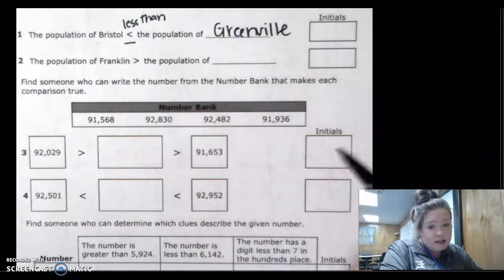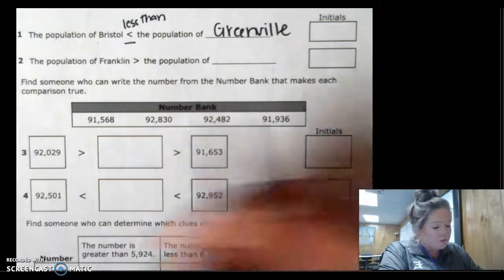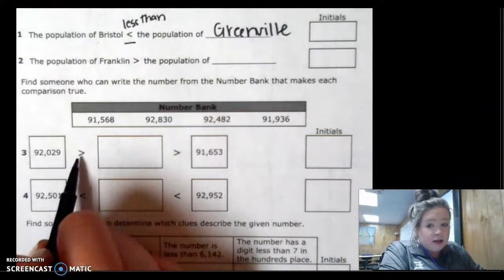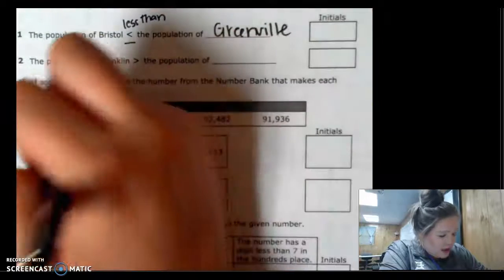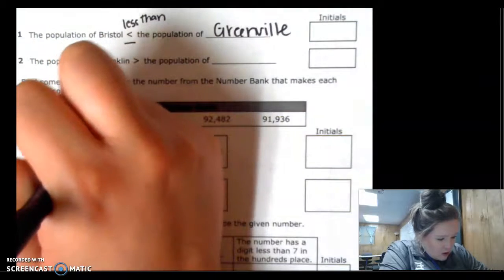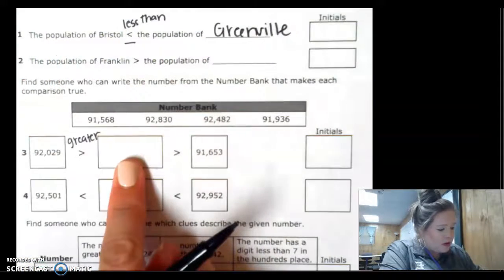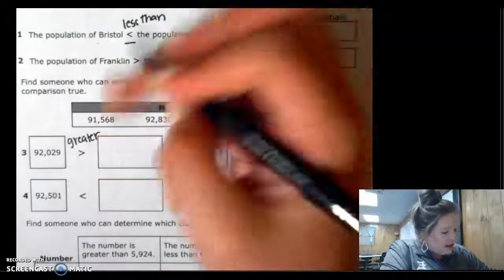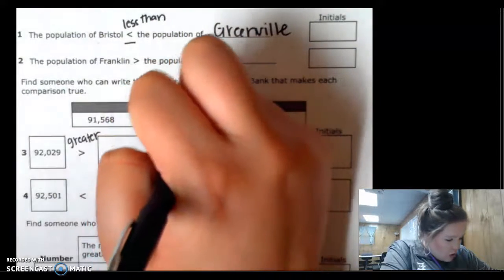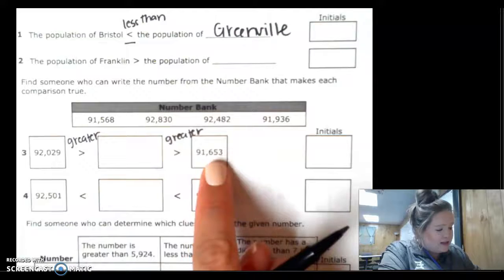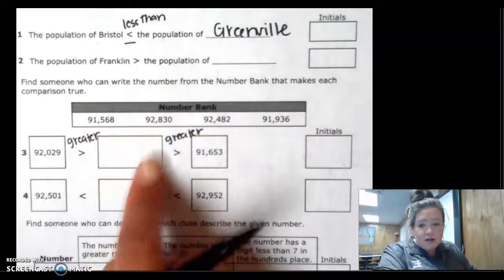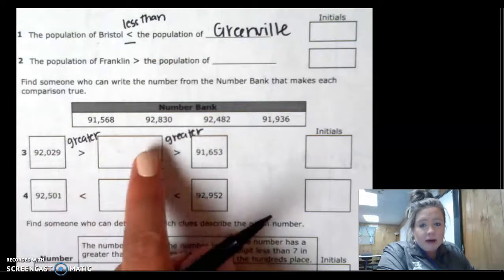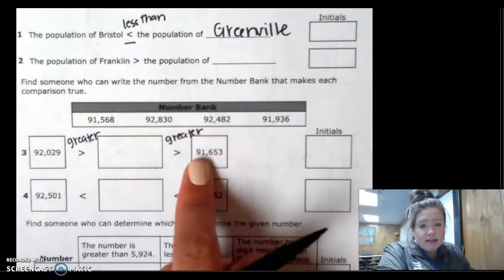So I want to start off by just reviewing the symbols. 92,029 is greater than a number which is, yes, greater than 91,653. So the number here in the middle is going to be less than 92,029, but it's going to be greater than 91,653.